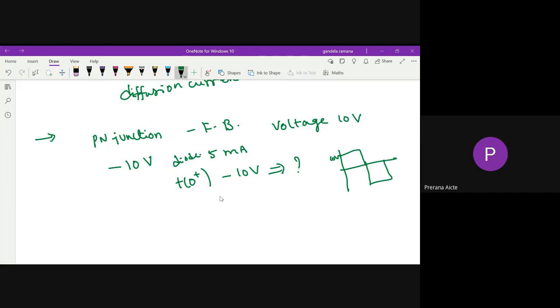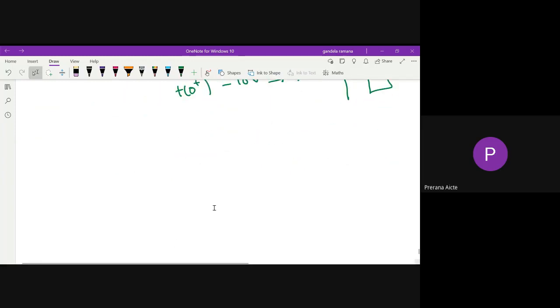Minority carriers do not go anywhere suddenly. When we apply reverse bias, minority carriers do not become zero. It requires time for recombination, so the current does not change. So in forward bias, the current is due to majority carriers, that is diffusion current.